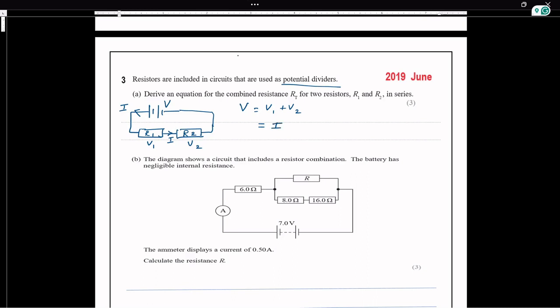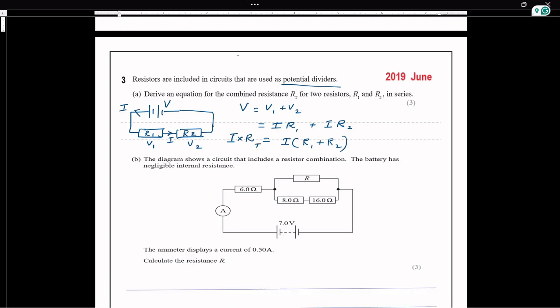So V1 is I times R1, plus V2, the same current and the corresponding resistance R2. Now let us take I as a common factor, so we can write I times (R1 plus R2). At the same time, this V is the current times the total resistance.